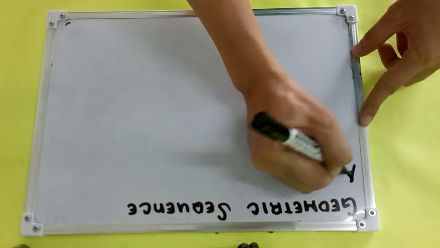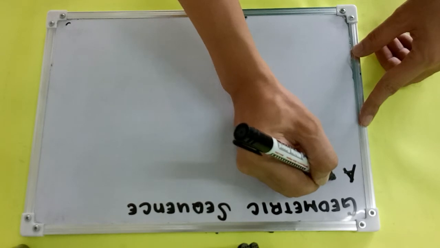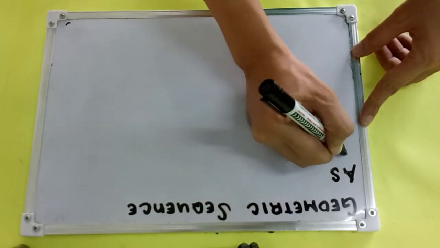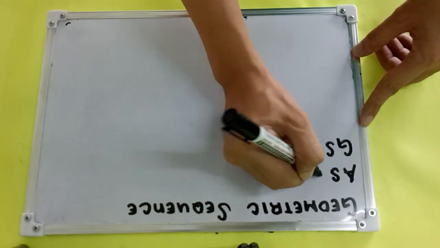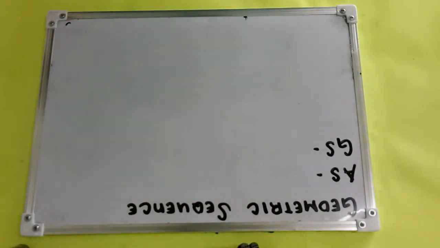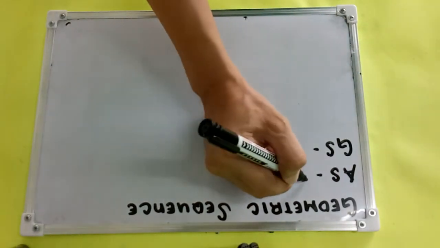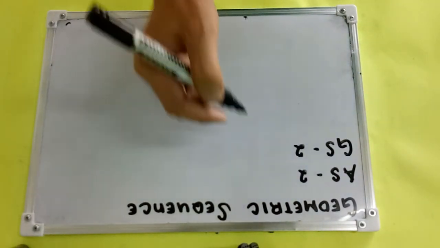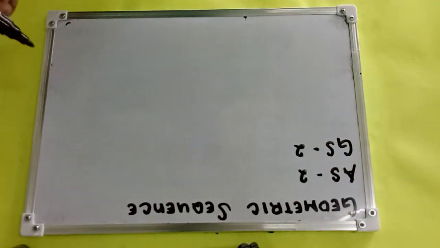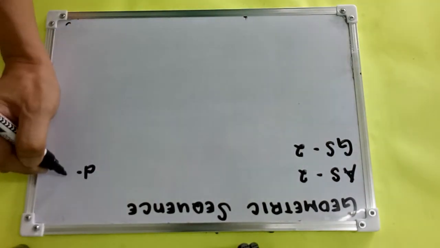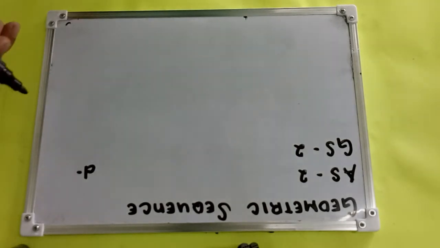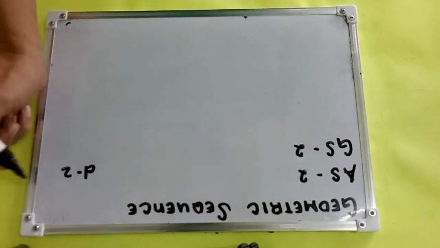So this is for arithmetic sequence and this is for geometric sequence. For example, we have the same first term, which is 2. For arithmetic sequence, we have common difference, and we will use 2 as common difference.